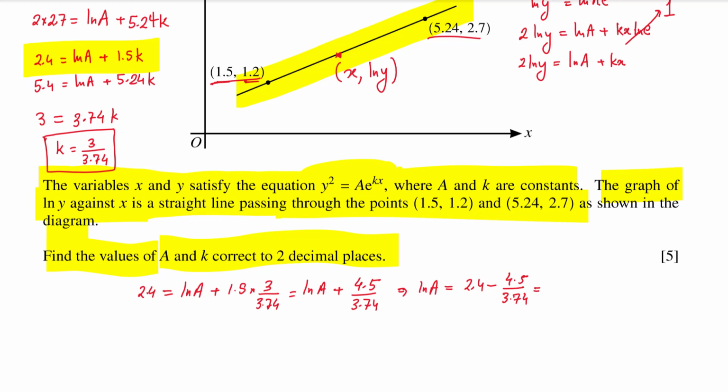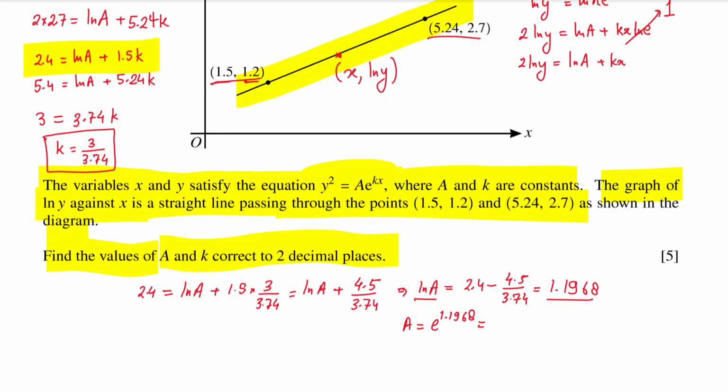Now I'm going to calculate this value directly from the calculator. 2.4 minus 4.5 divided by 3.74 is 1.19679, so I'll write 8. ln a is given as a constant, so the a value would be directly e to the power of that value, 1.1968.